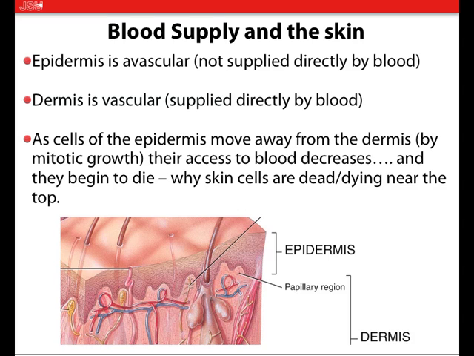What kind of stratified? Squamous. Stratified squamous, exactly. You guys are on it. Okay, back to the point. This is stratified squamous epithelial tissue.